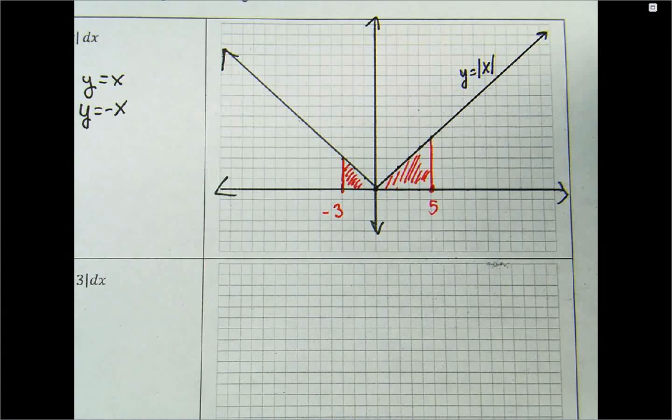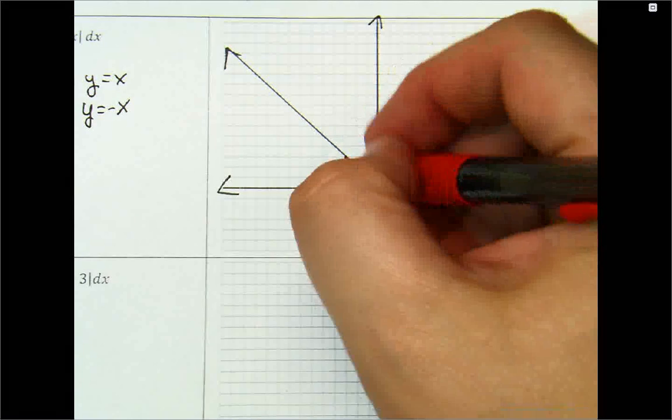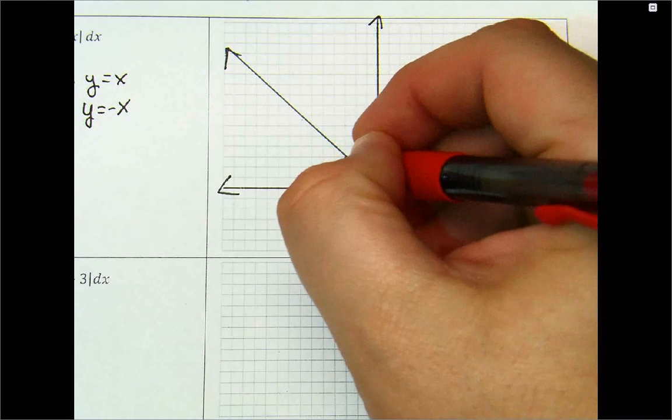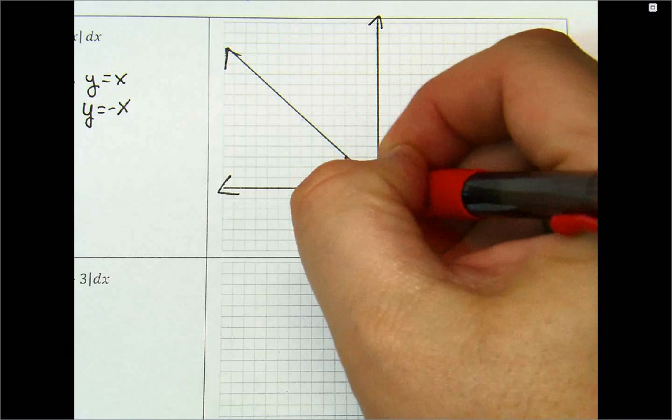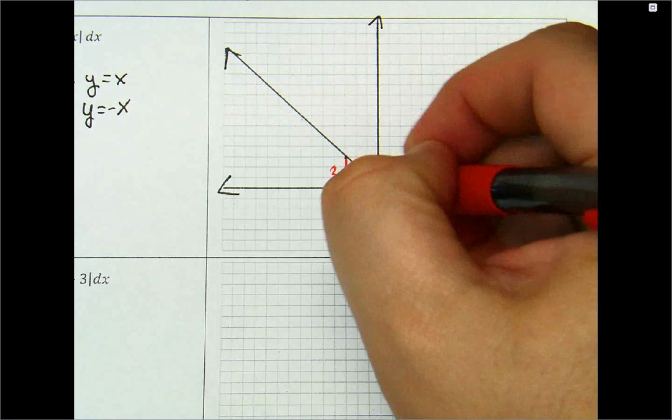So we get the area of two right triangles. What's the height of this right triangle? What's the length? 3. No, because it's a positive area. So it's 3 and 3.